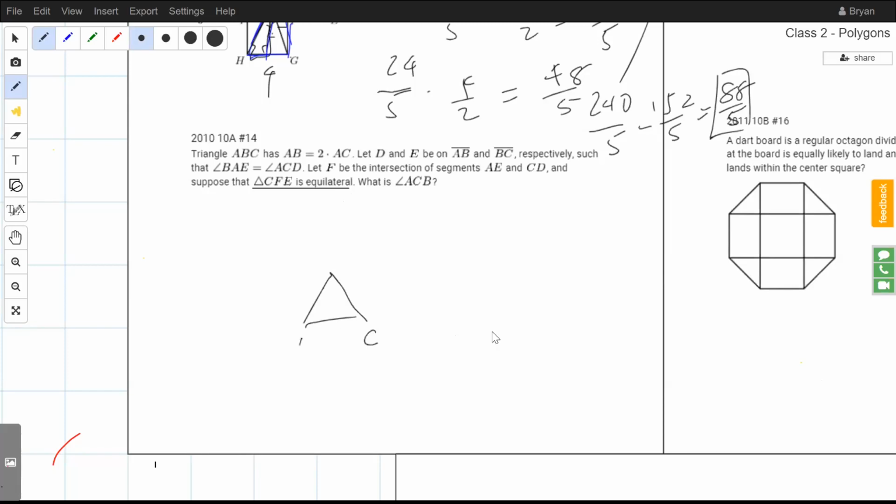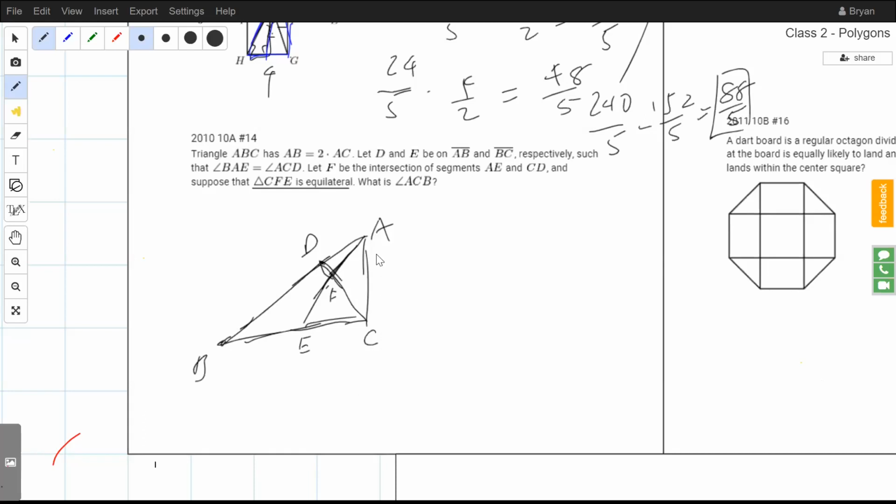So we'll just let this be E, this be F, and we know that A is somewhere on this line, and B is going to be on this line CE. And then D is just going to be the continuation of CF onto AB. So yes, our diagram looks very cool.